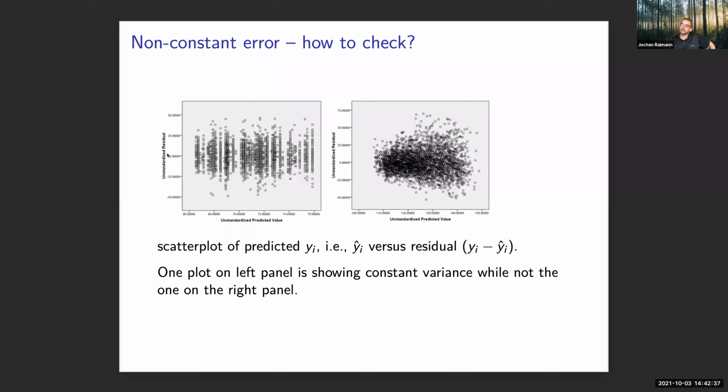If you look here at unstandardized residuals compared to unstandardized predicted values, you see variability in these deviations that is relatively comparable across the entire board.